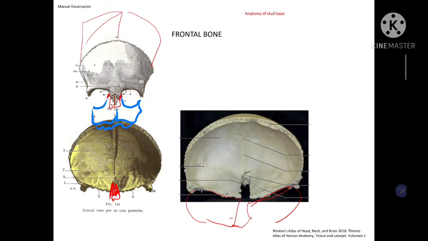Again, ethmoid, sphenoid, those two are impar bones. Also, we can say three impar bones, because we can also name the maxillar bone as an impar bone.